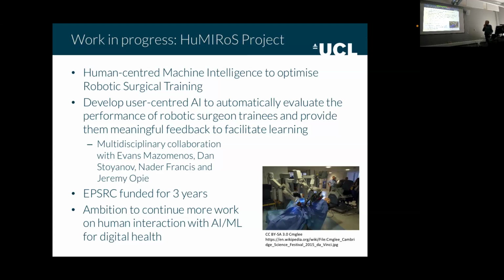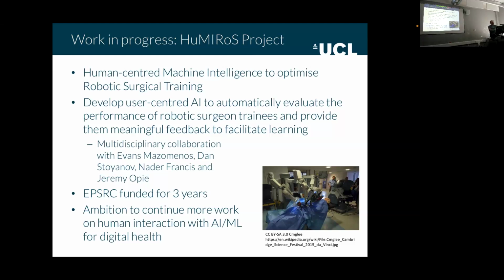So I wanted to share briefly that we recently started a new project with Jeremy, as well as with Evans Mazomenos, who's the PI in medical physics, Dan Stoyanov in CS, and other Francis, about the use of AI to improve training of robotic surgery. It's well understood that robotic surgery has many benefits compared to its traditional counterpart.